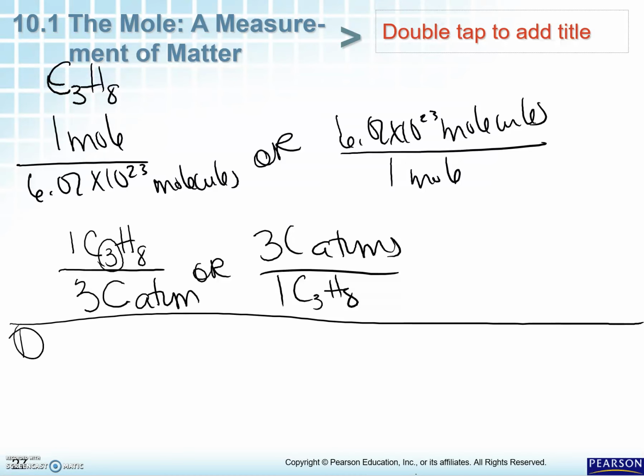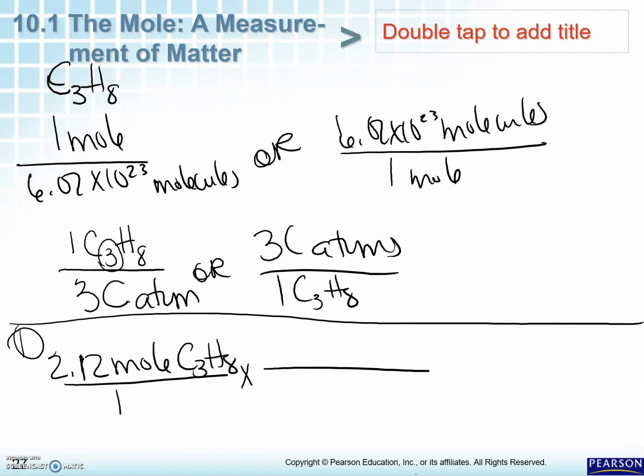So our first step is to go from our given and get to how many atoms of carbon we have. So we start out with our given, which is 2.12 moles of our C3H8 over 1. We have to pick the correct conversion unit, and because our moles is on top, we can't use our first option.